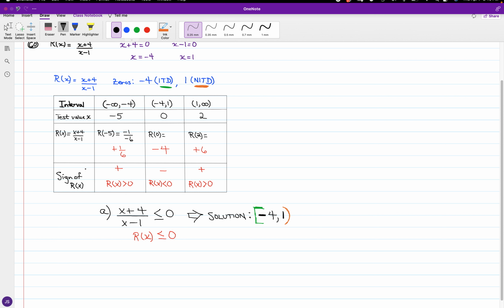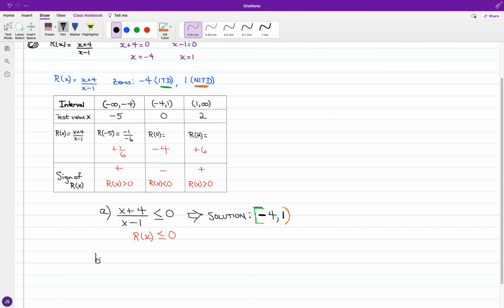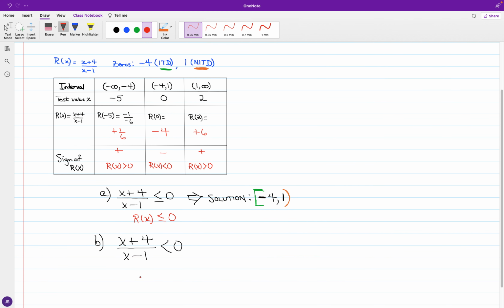And we have for part B, for the ratio, this time we have less than 0. So we're referencing where r of x is less than 0.